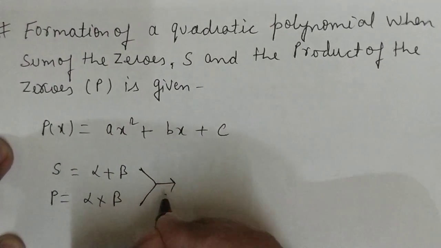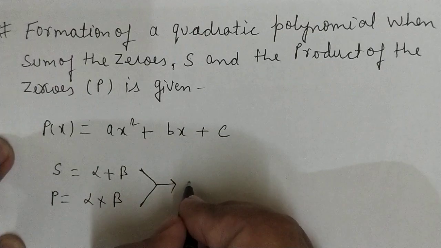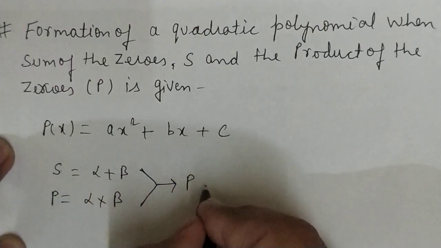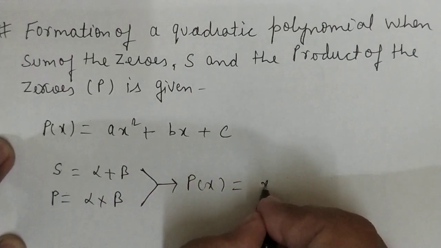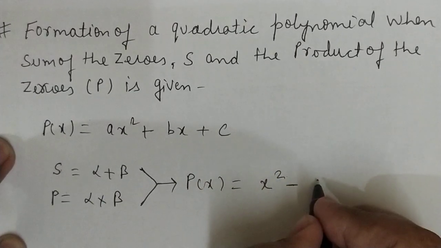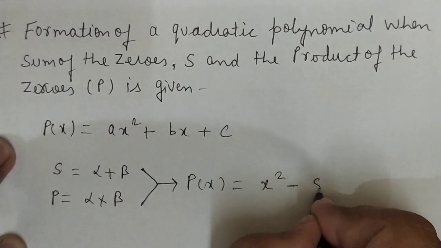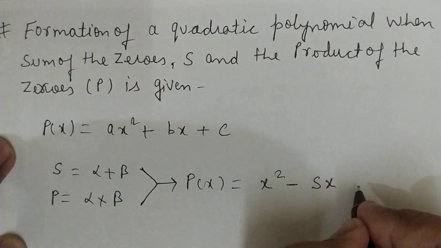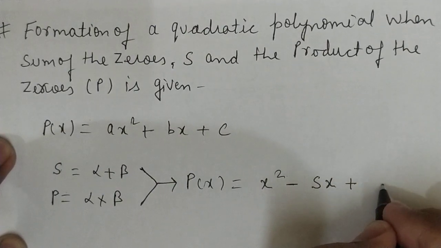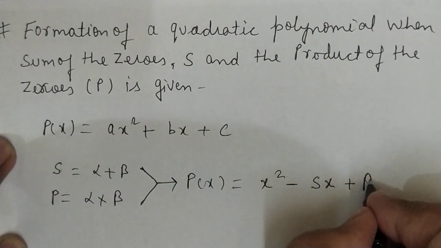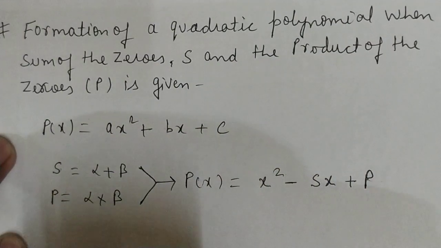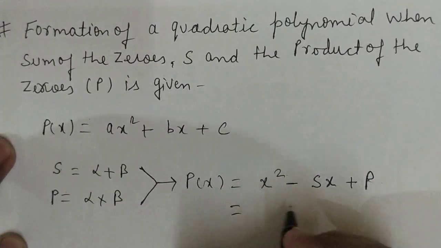So learn the direct formula here. If you wish to form the quadratic polynomial with this information, quadratic polynomial will be x square minus s x plus p. Now what is the meaning of s and p here?